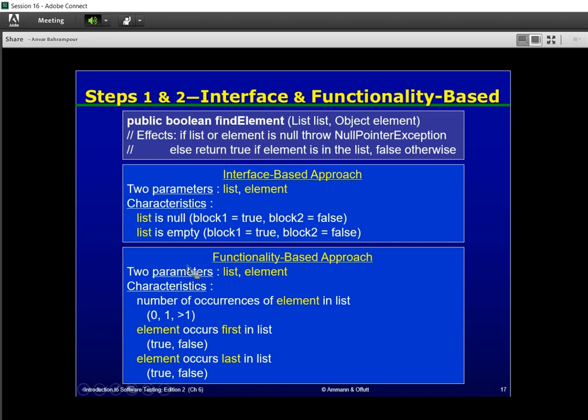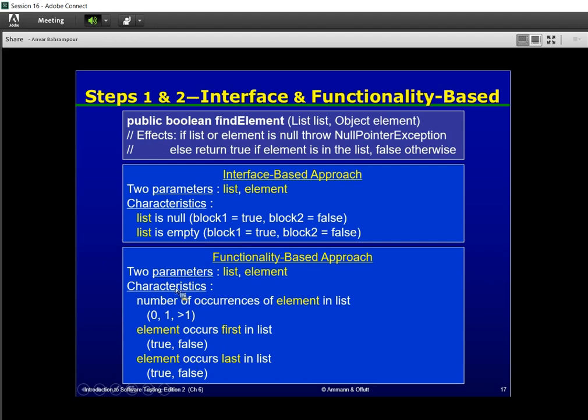So these characteristics are completely different from those characteristics. These characteristics could not be considered in the interface-based approach, because in the interface-based approach we don't consider any knowledge about the semantics of the functionality of the method, or the relationship of its parameters, or the semantics of its parameters.